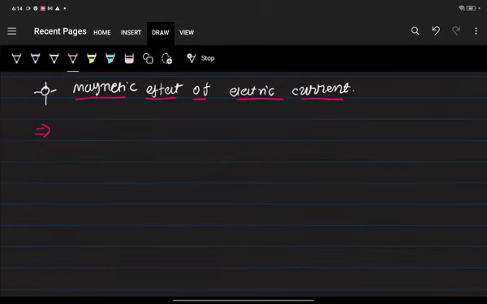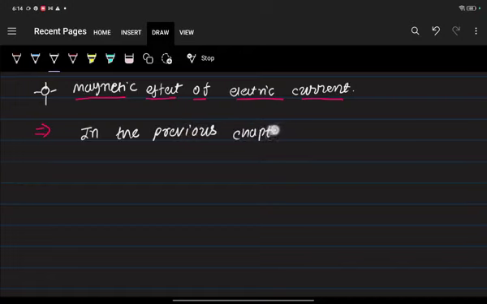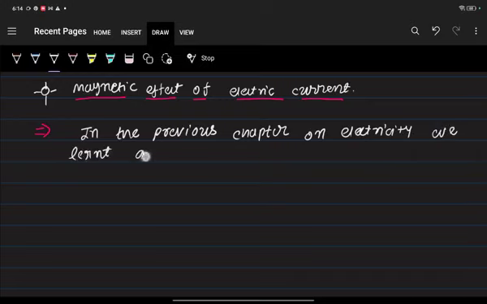In the previous chapter on electricity, we learned about the heating effect of electric current.